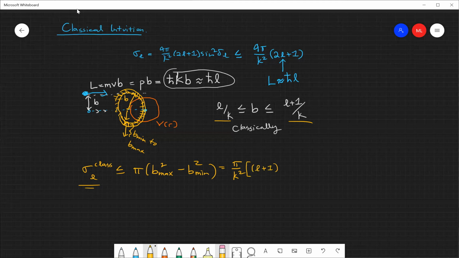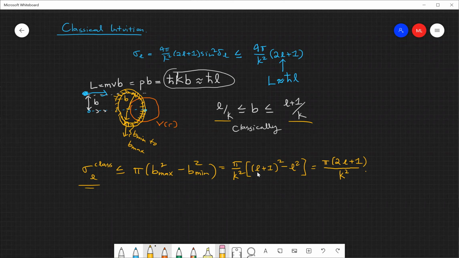And look how nice this is, because it's very natural to have this 1 over k squared scaling here, and if we expand that out, it's going to be pi times 2L plus 1, which has a very similar form as the quantum mechanical cross-section over k squared.